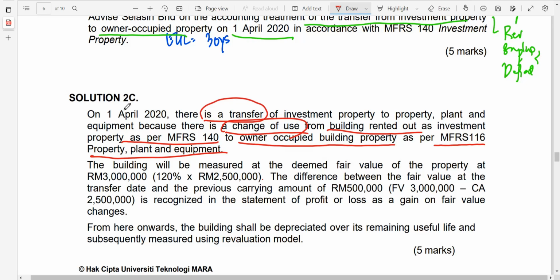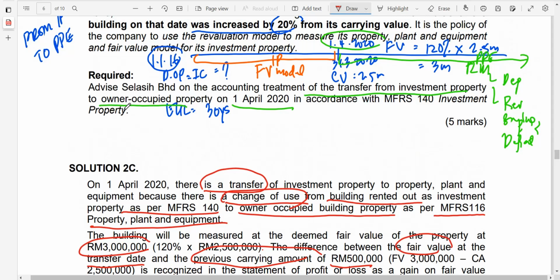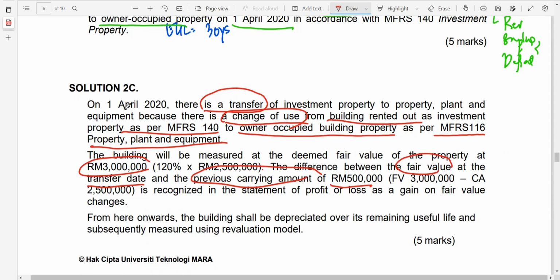The difference between the fair value, which is 3 million, and the previous carrying amount on the date of transfer, 2.5 million, you will have 500,000. This will be recognized in the statement of profit or loss as a gain on fair value changes.